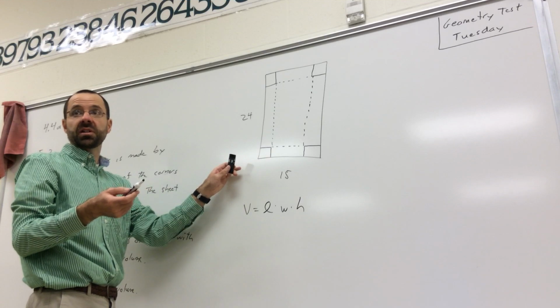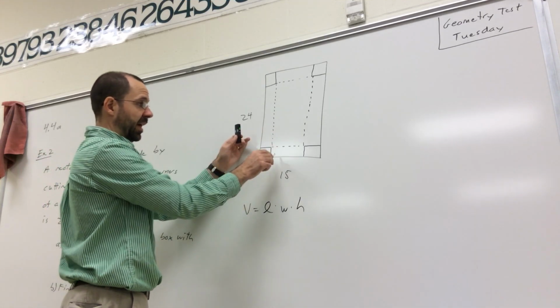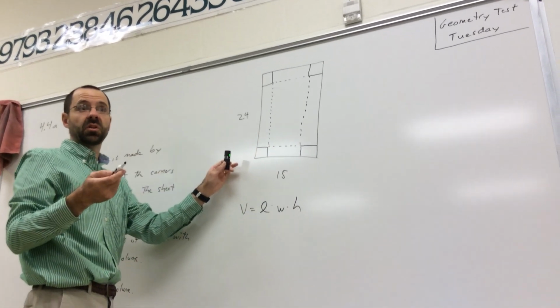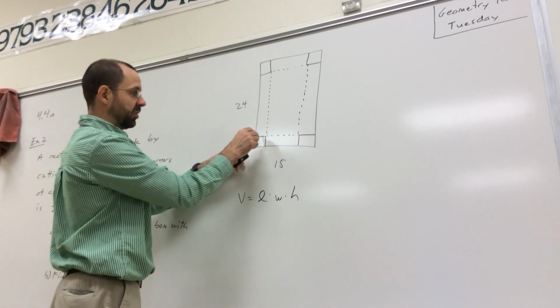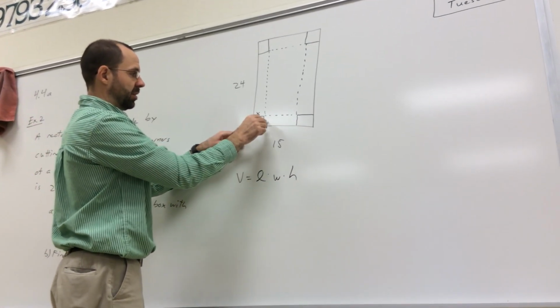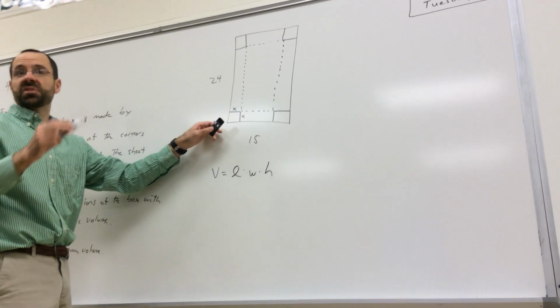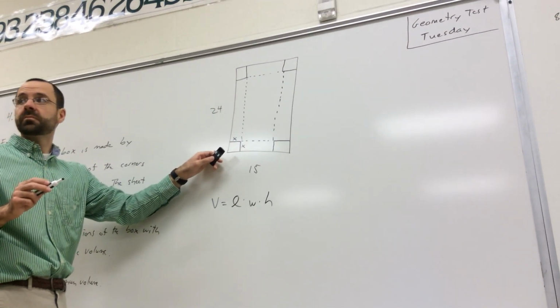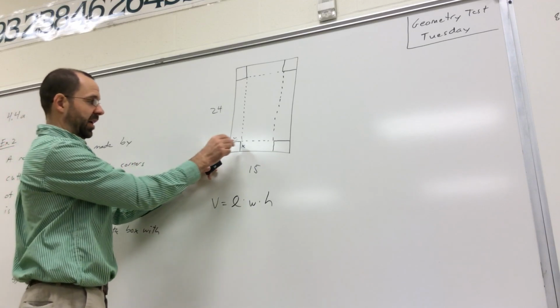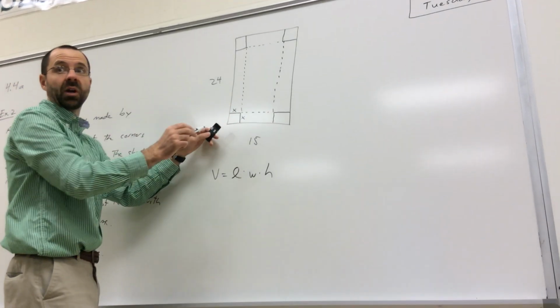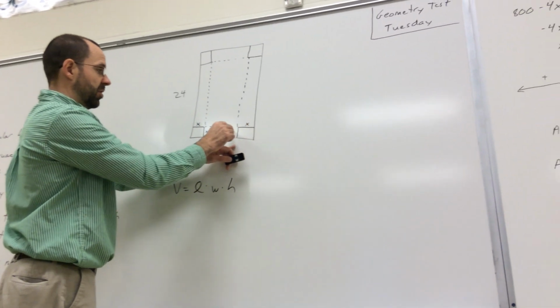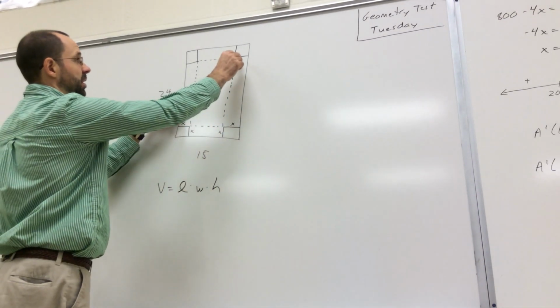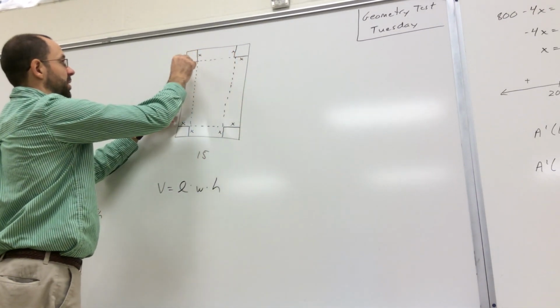That's our decision: how much square should we cut out in order to make the biggest possible volume box? Since we don't know that, we're going to put an X here. X is going to represent the length of one of the sides of the square. So you cut out X this way and X this way, and then you've got a square cut out. Same thing here. All the squares are equal, X and X, X and X, X and X.